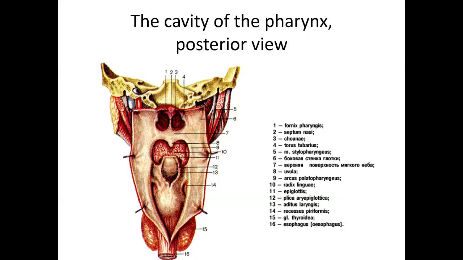Pharynx before was cut into sagittal plane, and right and left parts of this cutted posterior wall was removed to the right and to the left, open to right and left. So we can see the main parts of the pharynx.